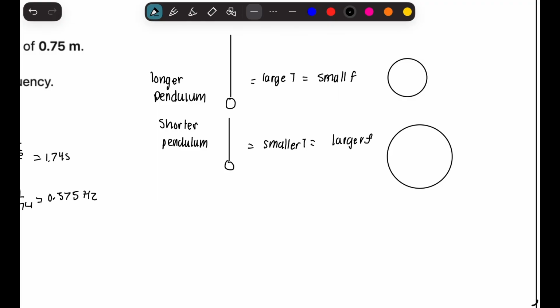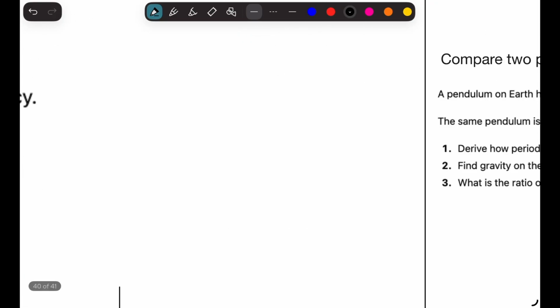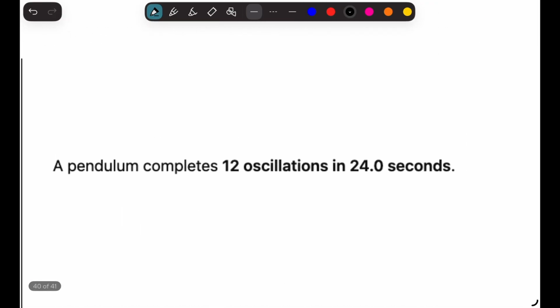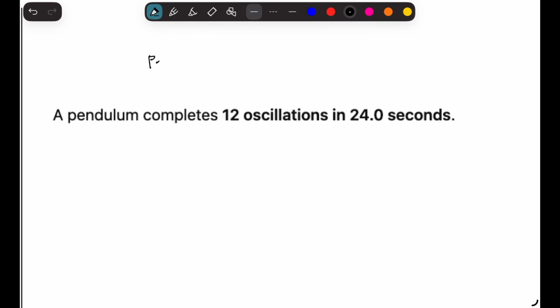Now let's continue on with some more examples. A pendulum completes 12 oscillations in 24 seconds. Find the period and the length of the pendulum. In all these questions, we're going to find the period, and we want to find the length of the pendulum, L, in meters or centimeters, and the period T in seconds.